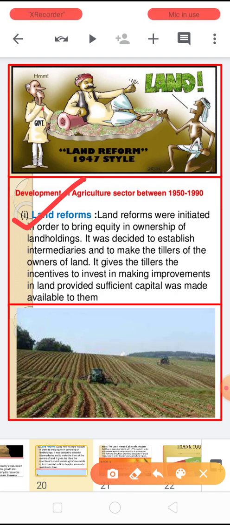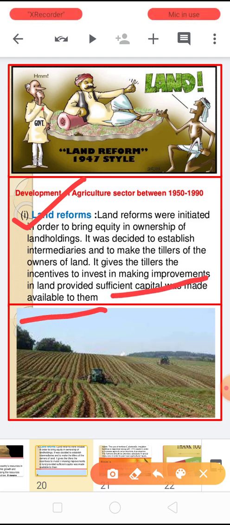The land reforms were initiated in order to bring equity in the ownership of land holdings. It was decided to abolish intermediaries and make the tillers the owners of the land, to give the tillers the initiative to invest in major improvements in land, provided sufficient capital was made available to them.